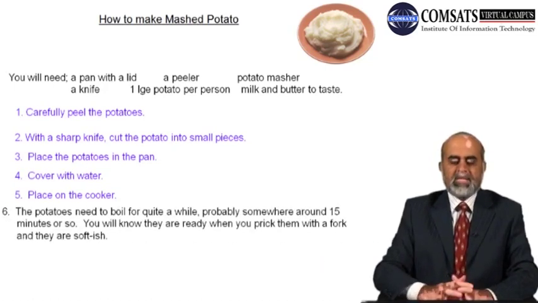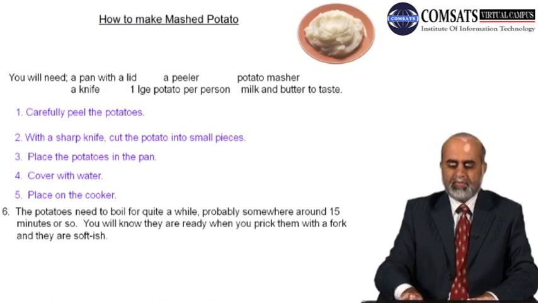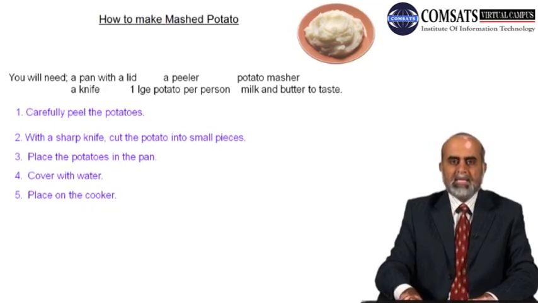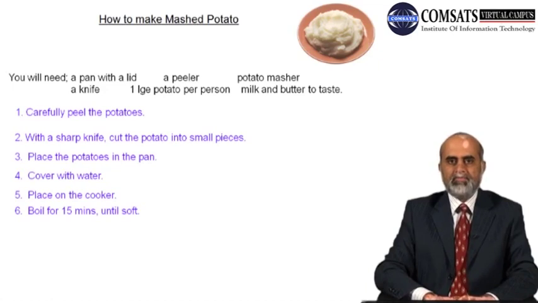Okay, let's look at the next step, which again is a very long one. The potatoes need to boil for quite a while, probably somewhere around 15 minutes or so. You will know they are ready when you prick them with a fork and they are softish. Instead of such a lengthy sentence, you can have a simple one, boil for 15 minutes until soft.